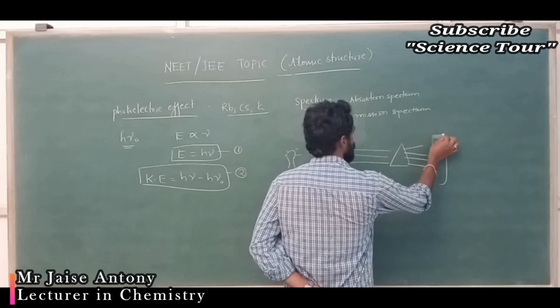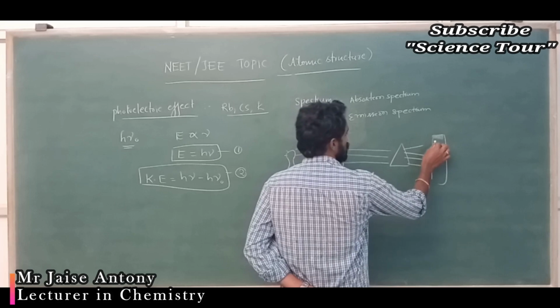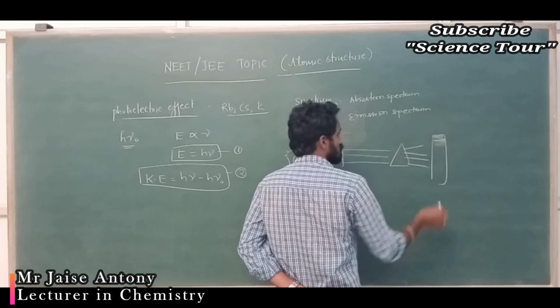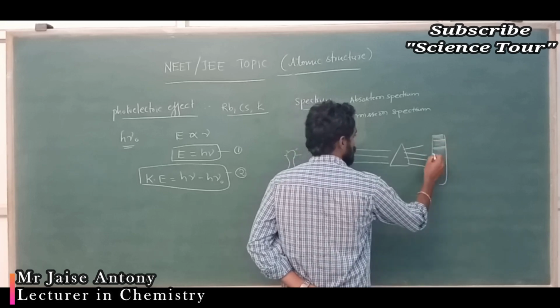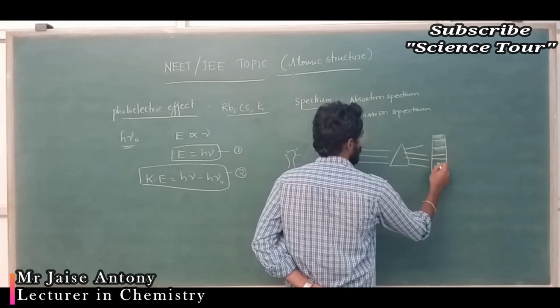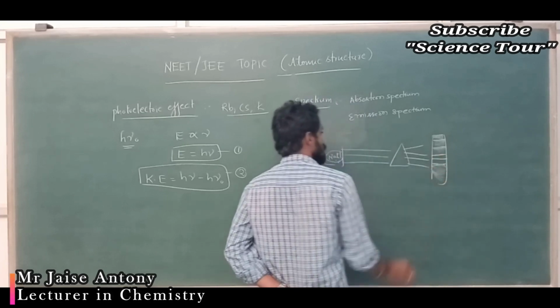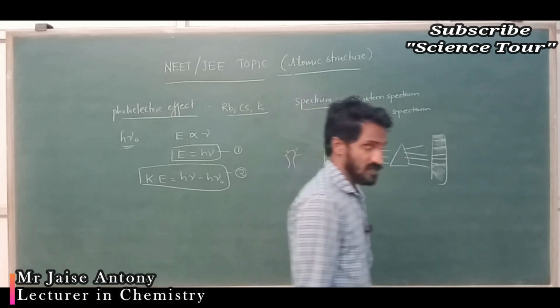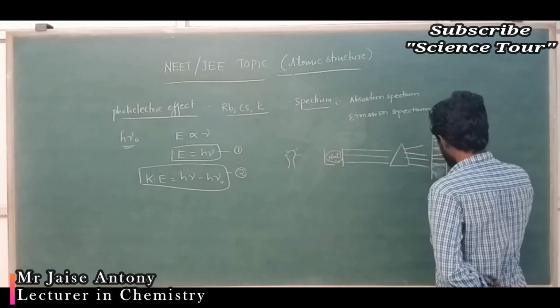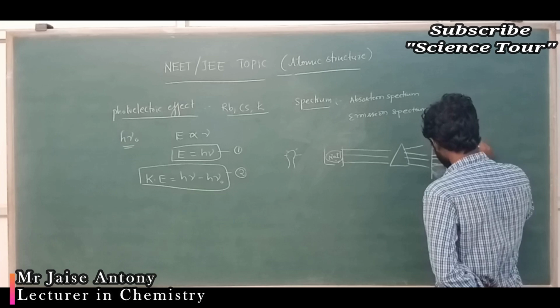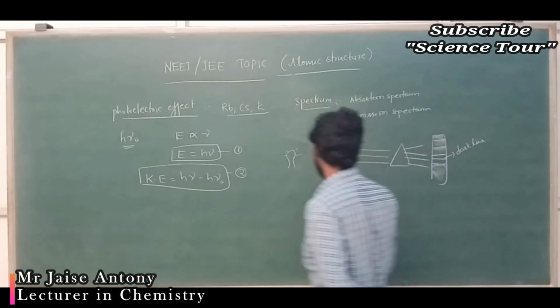This may be violet, this may be blue, this may be orange, but in the place of yellow color there is a dark line, and the remaining is all colored, correct? Dark line, my dear students. So what is the emission spectrum?